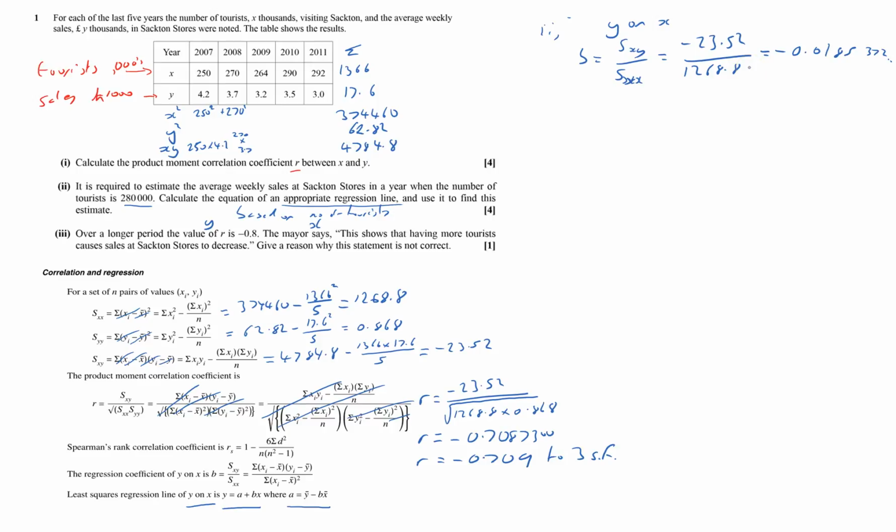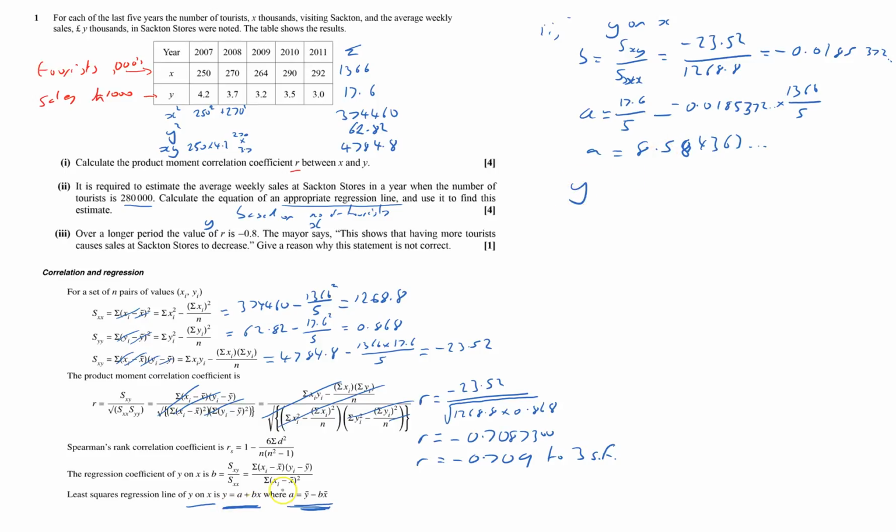So that's worked out my b, and now I can work out a. a is y bar minus b x bar. So y bar first, which is the sum of the y's, 17.6, over how many there are, 5, and take away b, which is minus 0.0185735372, times the average of x, which is the total of x, 1366, over 5. And so that gives me a equals 8.584363.